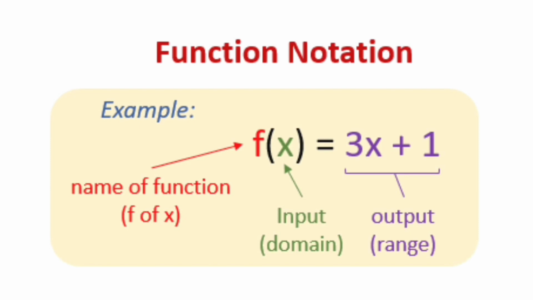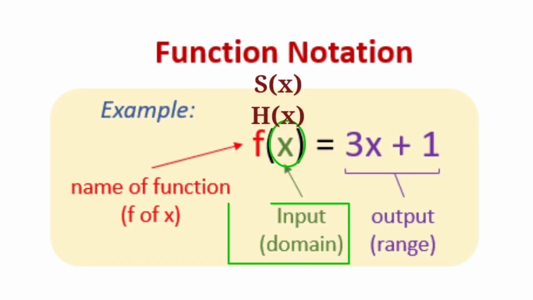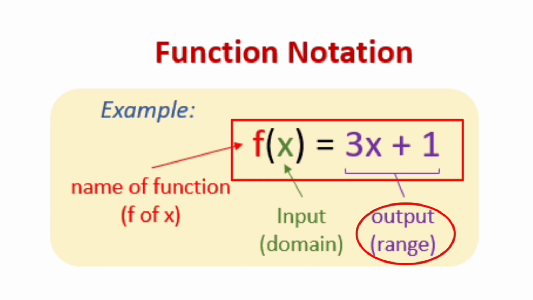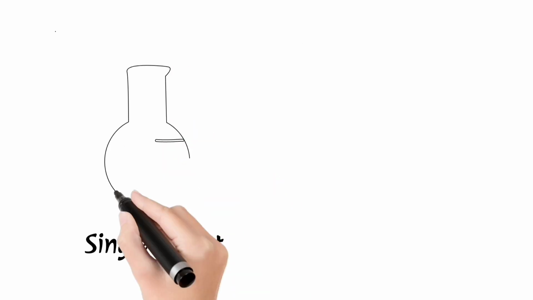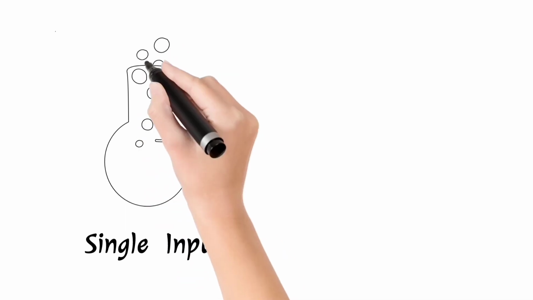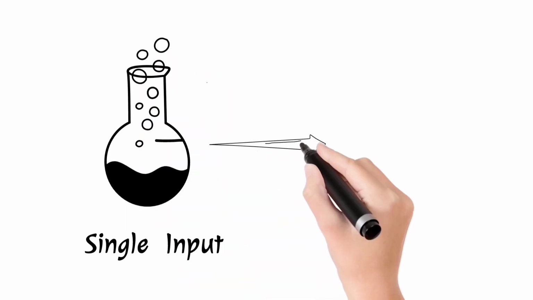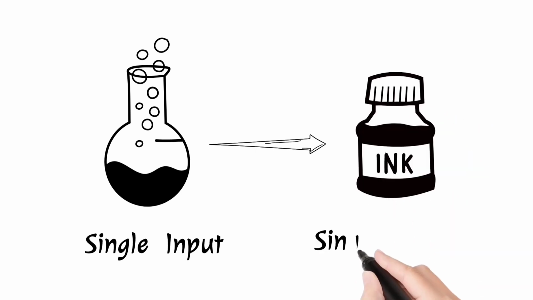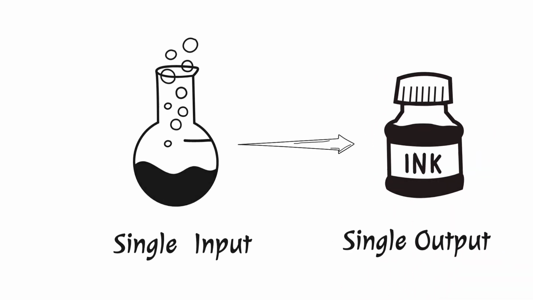Pero maaari tayong gumamit ng iba pang letter, halimbawa s of x, h of x, at marami pang iba. The x value or input natin ang siyang independent variable, while f of x, yung output natin, is our dependent variable. Sa madaling sabi, ang function, it has a single input for a single output. Kapag meron tayong isang input, isang output lamang dapat ang nakamap dito.